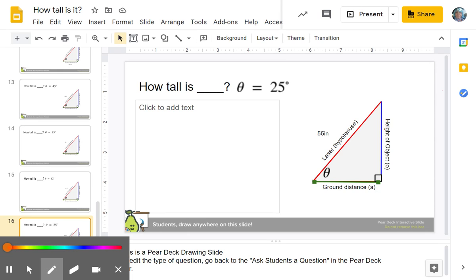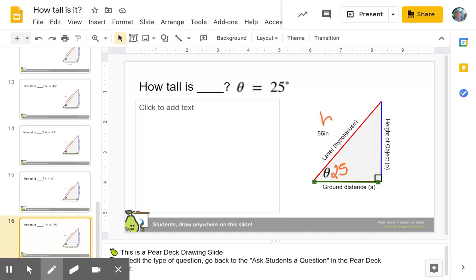So you have to put 0, that's 25. And then use 5. Right? Mm-hmm. And then you're going to do O over 55. So sine is the opposite. Yeah.